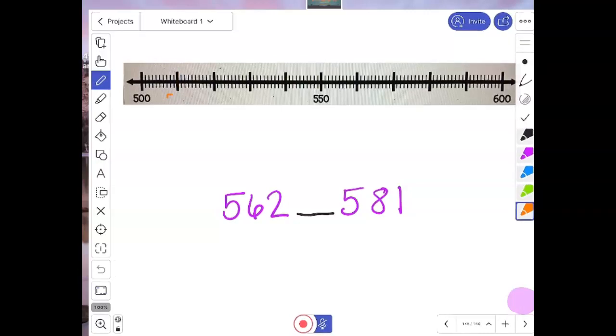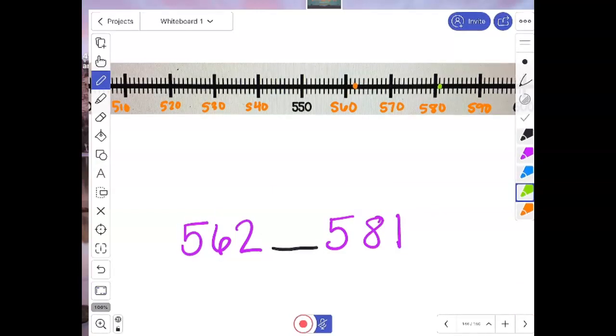So I could say that this is 510, 520, 530, 540, I already have 550 marked, 560, 570, 580, 590, and then 600. So I need to find 562. So here's 60, 61, 62 would be right there. All right, now I need to find 581, so I'm going to go to 580, and then one more. So the question is, which one's further to the left? 562 is further to the left, so it is less than 581.